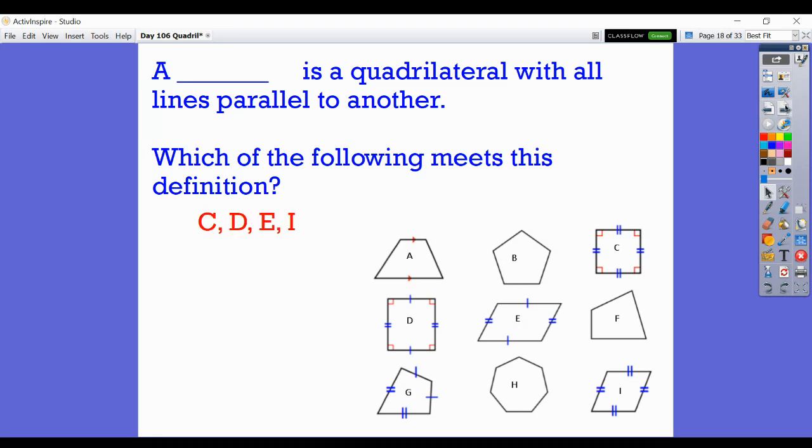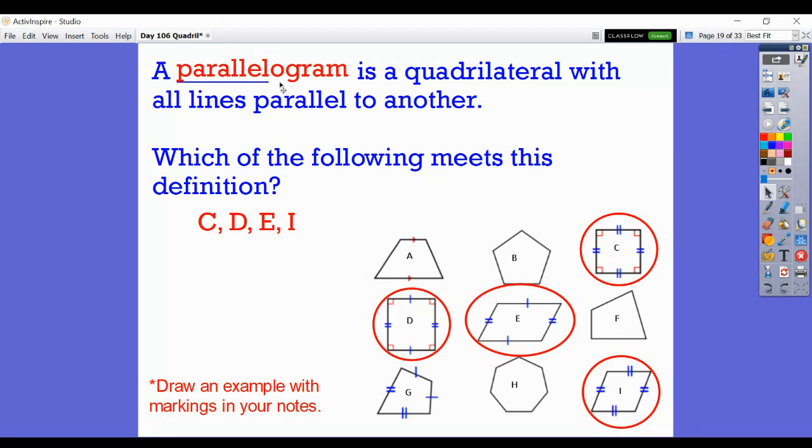And the answer is C, yes, D, yes, E, yes, and I. Yes, these are parallel, these two are parallel, these two are parallel, and these two are parallel. And that is the shape of a parallelogram.